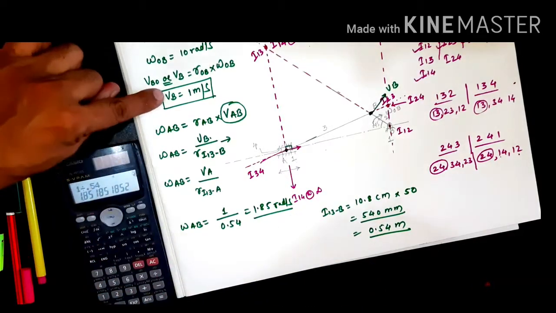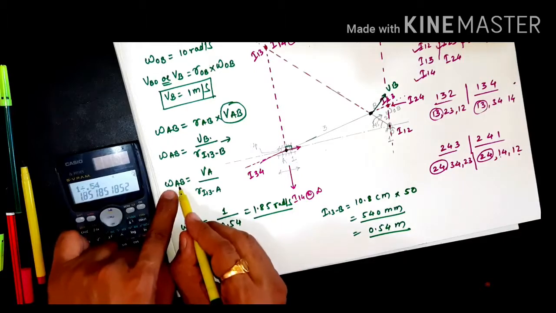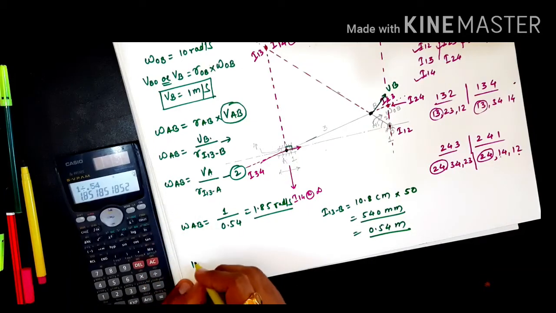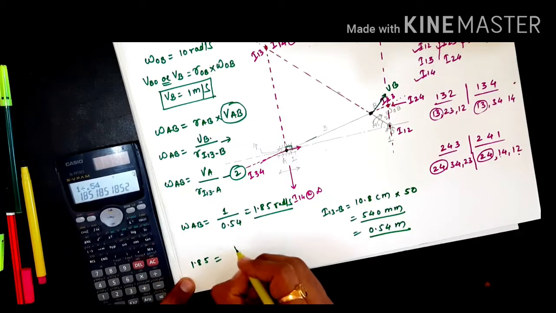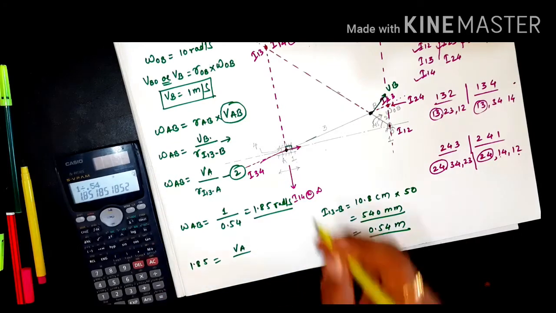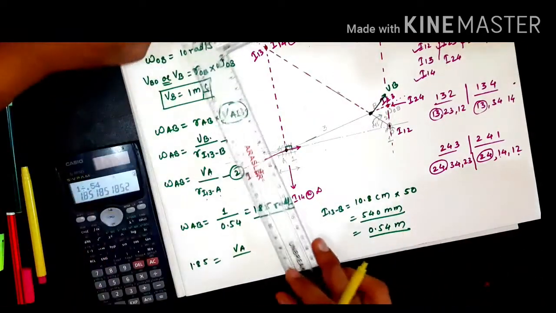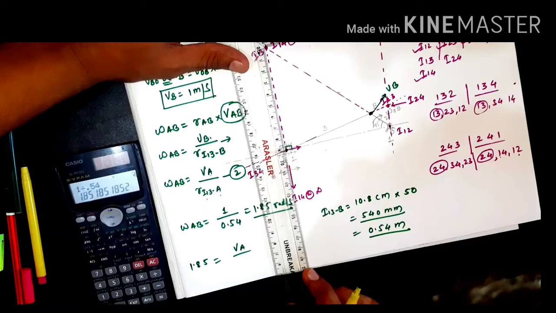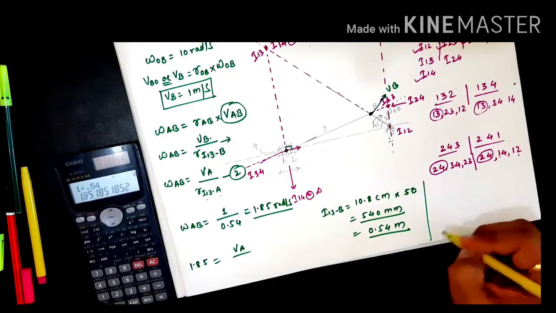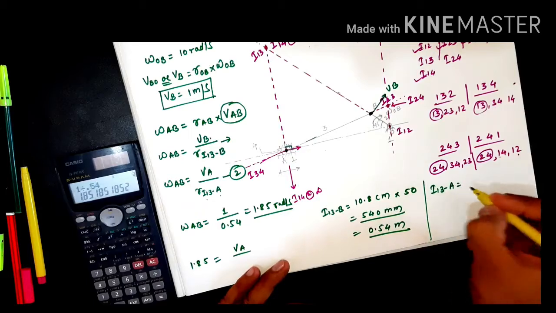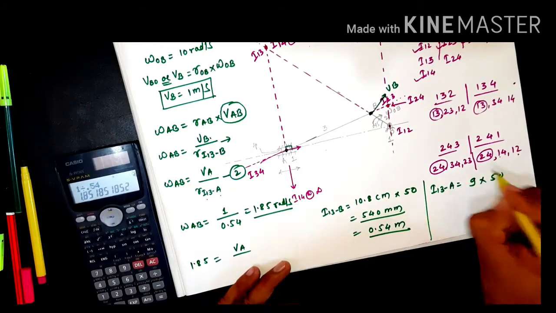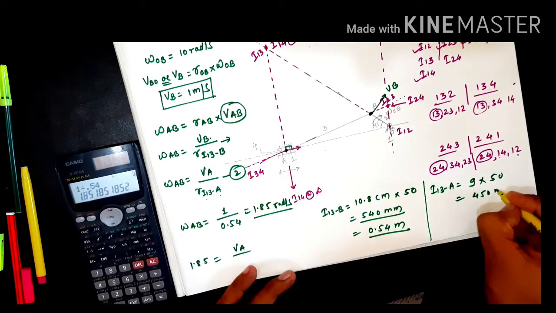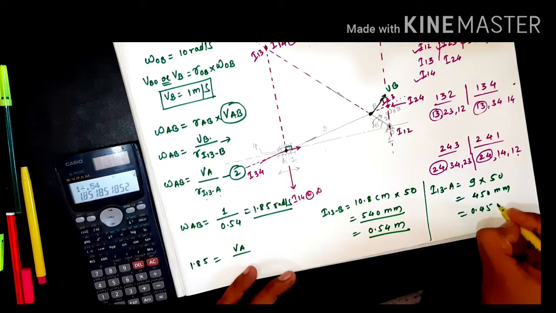Now you can calculate VA because now you know omega AB, so you simply put this value in equation number 2. So 1.85 is equal to VA divided by the I13A distance, which we measure now. I13A will be equal to 9 centimeter into 50, that is the scale, so it will be 450 mm, which means 0.45 meter.